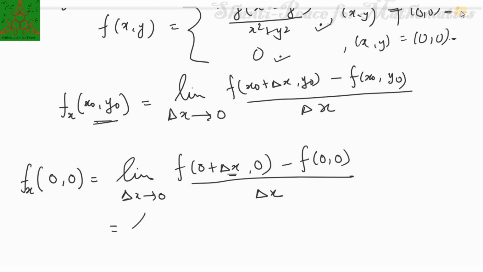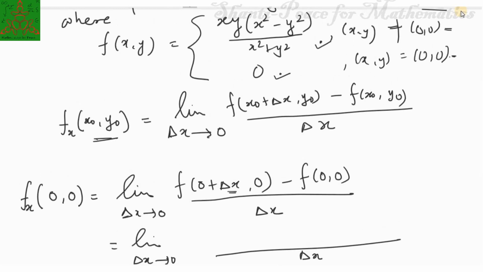So according to that definition, if you apply, as delta x tends to 0, in the denominator you will have delta x. In the numerator, as per the definition, it is xy, which is nothing but f of (delta x, 0).